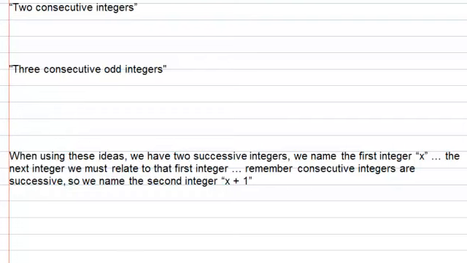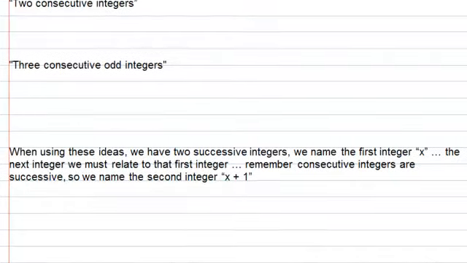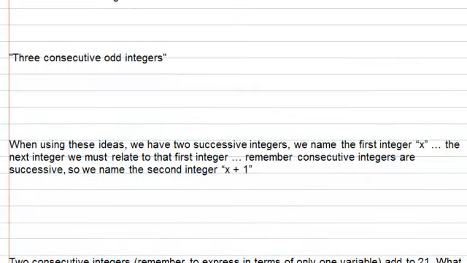Now when we use these ideas, we are going to use x as our first integer. What we have to remember is, if we're trying to solve something, 3 consecutive odd integers. So let's just say, all right, we know that the first one is x. So could we do x plus y plus z? And the answer is not yet.